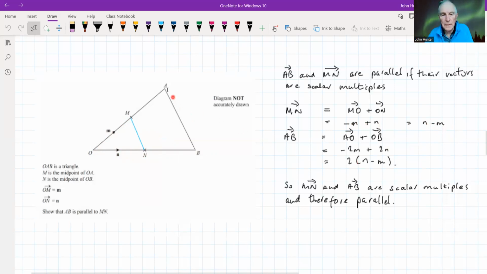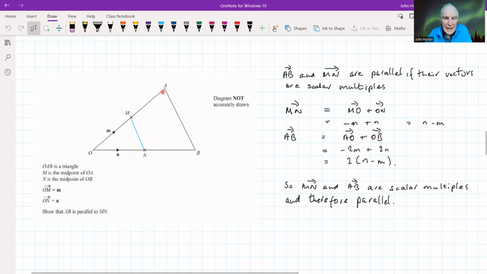And then AB. What's this vector? Again, expanding it in line segment form is going to be AO plus OB. Well, this is the midpoint. So vector MA is the same length and direction as OM, so therefore it must also be the vector value m.